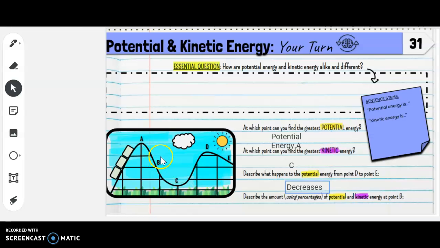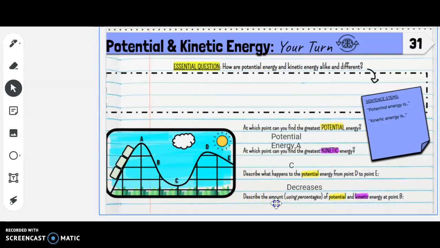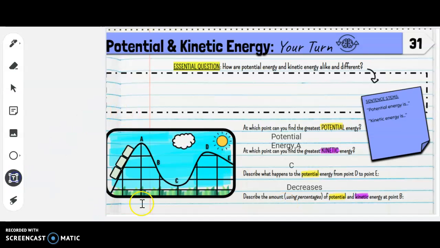Since it's right here in between, the percentage of potential would be 50%, which means the percentage for kinetic will be 50%. So we'll do P for potential, 50%. And kinetic would be 50%.